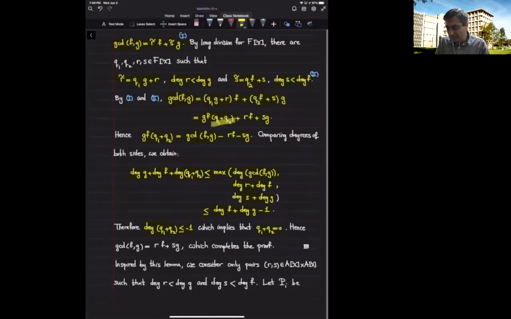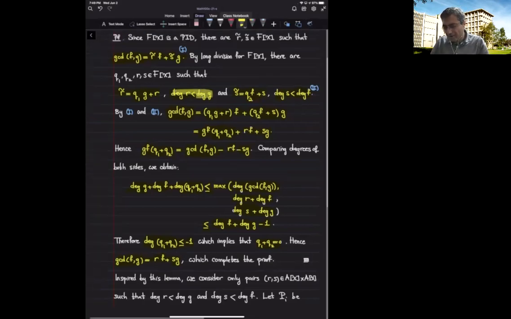We end up getting that GCD is r times f plus s times g, and the degree of r and degree of s are in the range that we are interested in. Degree of r is strictly less than degree of g, and degree of s is strictly less than degree of f, and that's exactly the lemma that we claim.